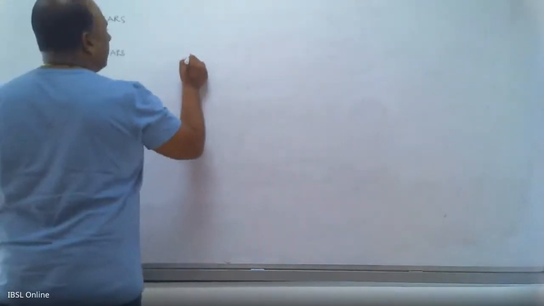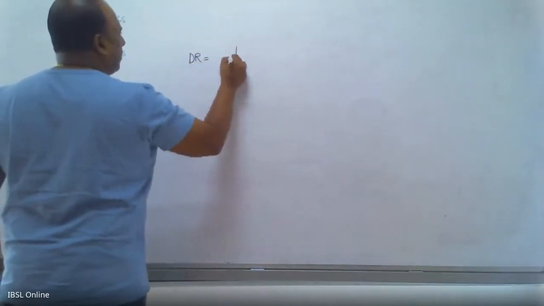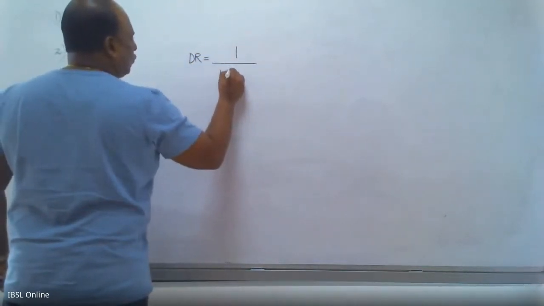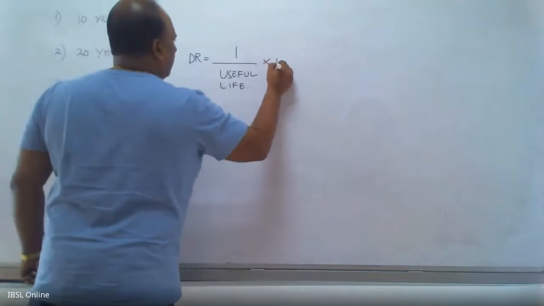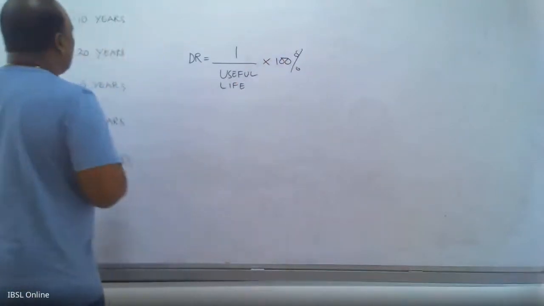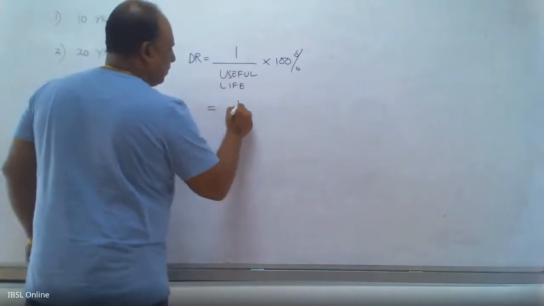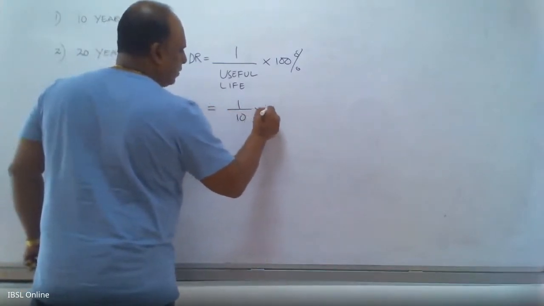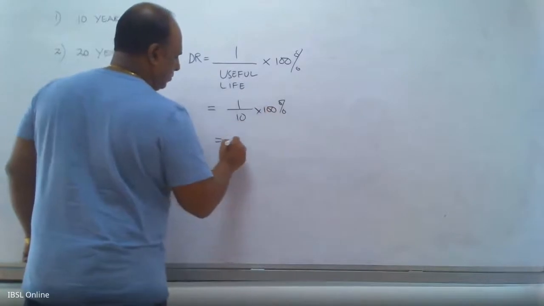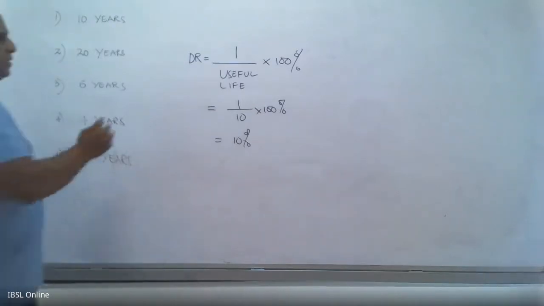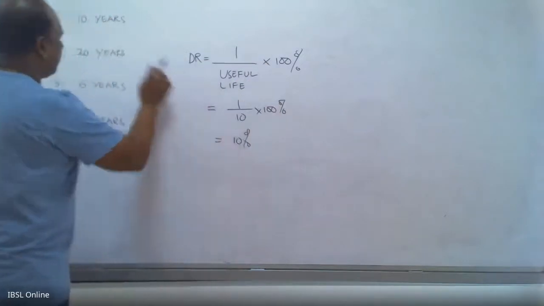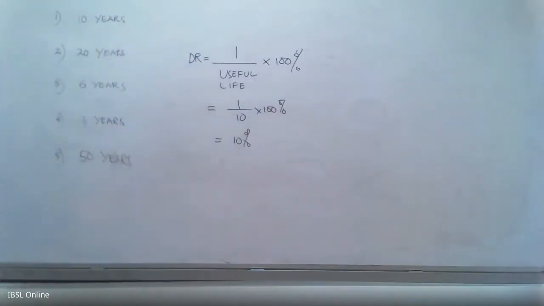Depreciation rate is equal to 1 over useful life into 100%. So if you take the first one, 1 upon 10 into 100%. That is 10%. So very straightforward. Depreciation rate is 10% for 10 years.